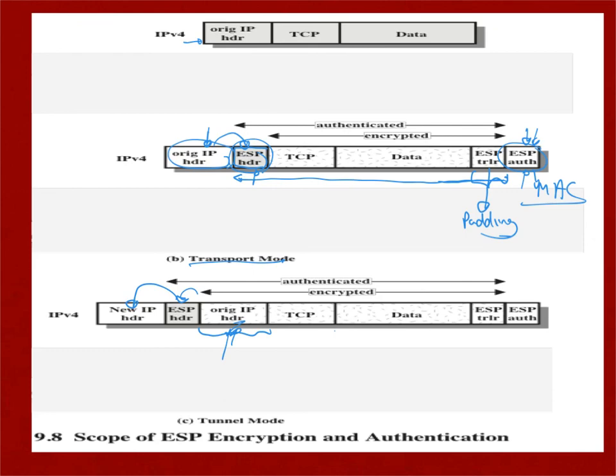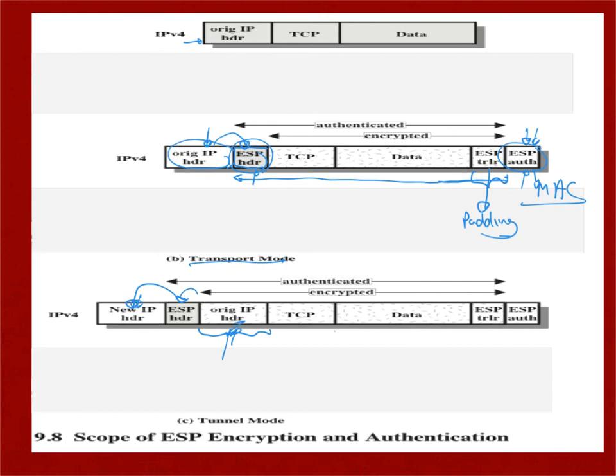So this outer IP header is for the tunnel, which in that case is for router to router security, not host to host security. Host to router or router to router use the tunnel mode, in which case you have to encrypt the original IP and add another outer IP.